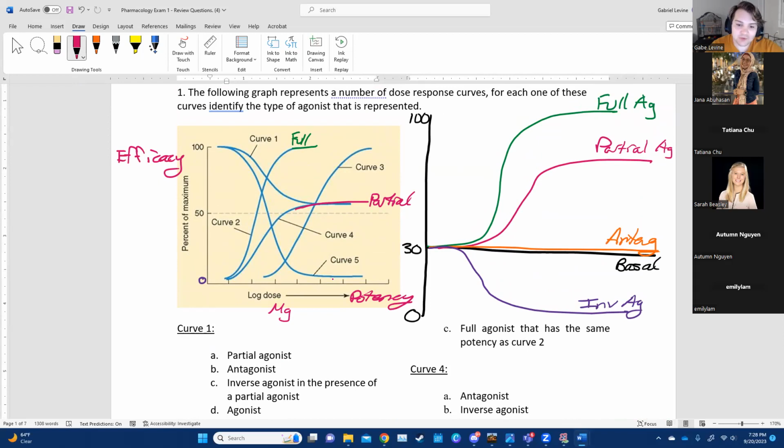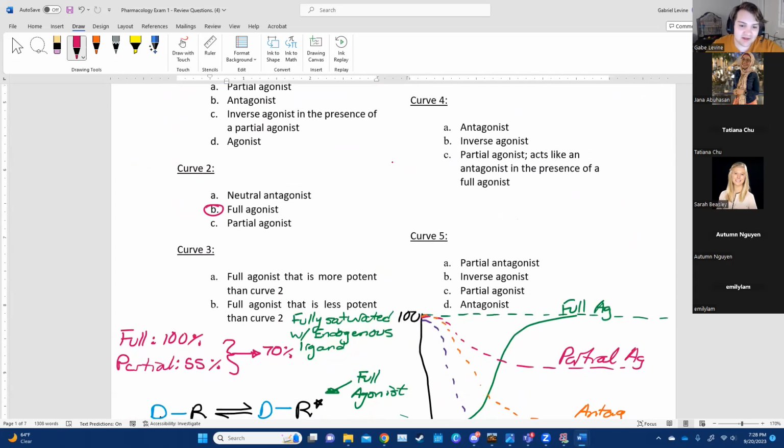So as you move to the right, you become less potent because you need higher doses in order to achieve the same response. So less potent to the right, more potent to the left. So we can say that curve 3 is a full agonist, but it is less potent than curve 2.